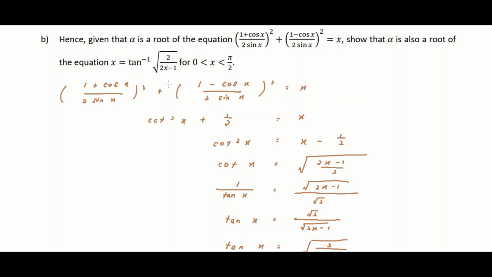So tangent x will be equal to square root 2 over 2x minus 1. When we solve for x, it will be tangent inverse of square root 2 over 2x minus 1, which is what is given in the question here. Now is the end for the B part, so proved.